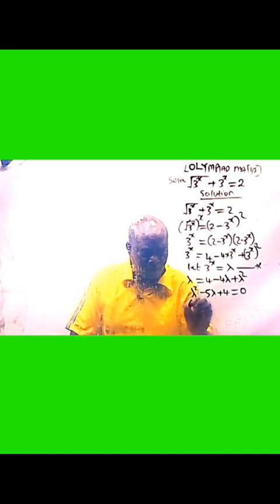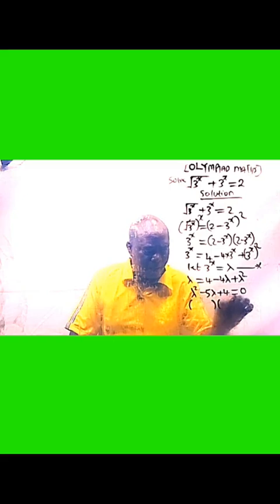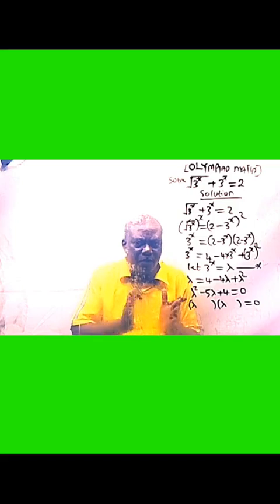Look at it now. You can solve it by factorizing. We're dealing with lambda here, so bracket lambda, bracket lambda equals to 0. Think of two numbers which when you add them, you get minus 5, and when you multiply them, give you 4.